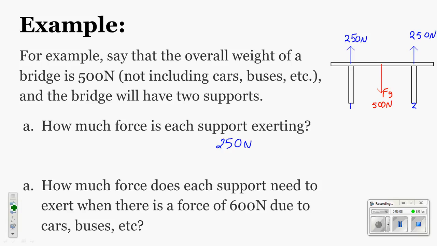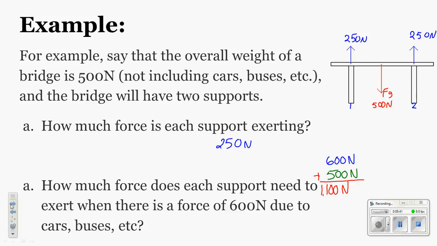So this question can actually be thought of two different ways, and I'm going to do it this way. If our bridge is 500 newtons, and the extra force that will be added to it is 600 newtons. So this is the designer trying to account for the number of cars that can be on the bridge at one time. That's going to equal 1,100 newtons of force on that bridge that may possibly happen at one time.